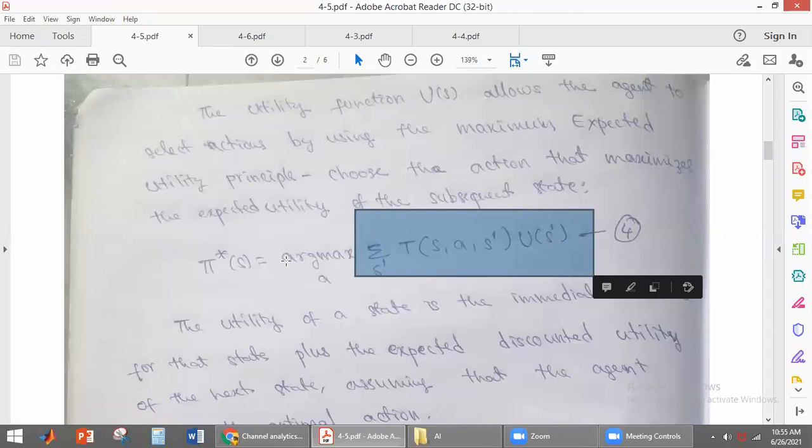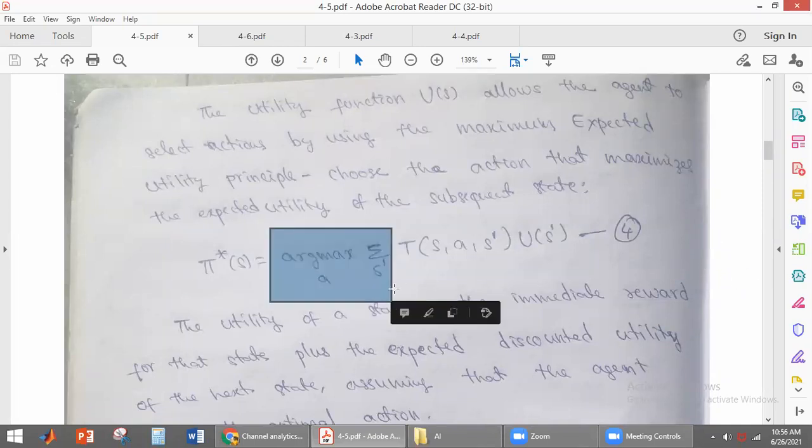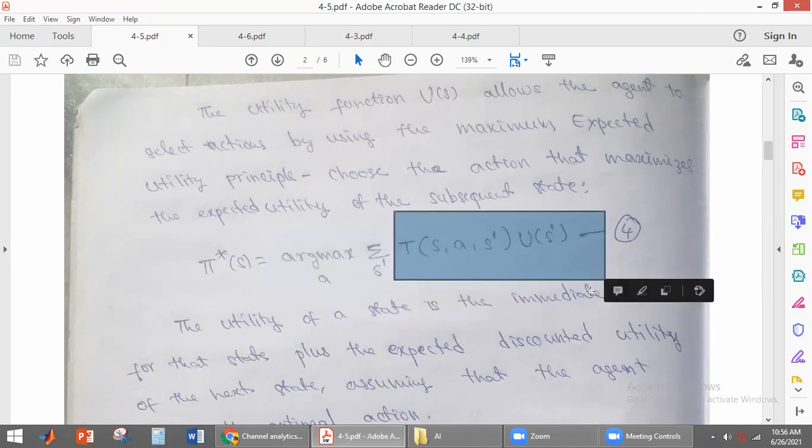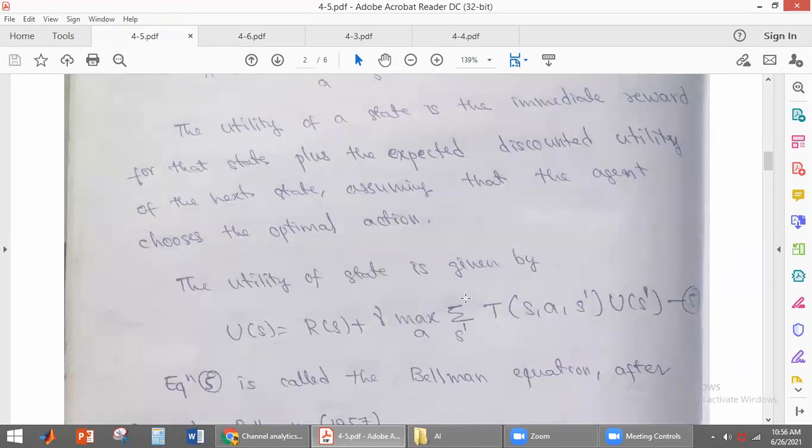So what is the optimal policy here? The optimal action is nothing but the action which gives you the maximum utility value. So we have to consider an action that gives you the maximum utility value. Now, how do you find out the utility of a state?